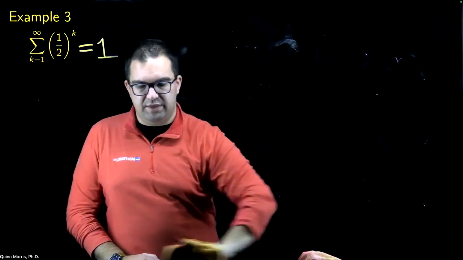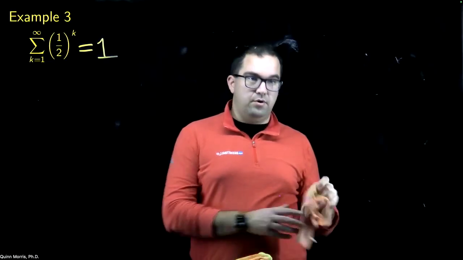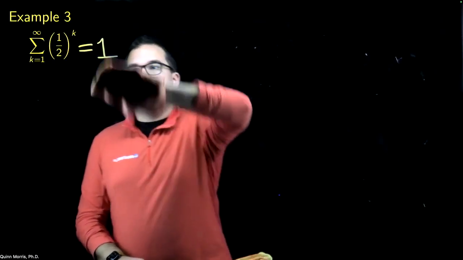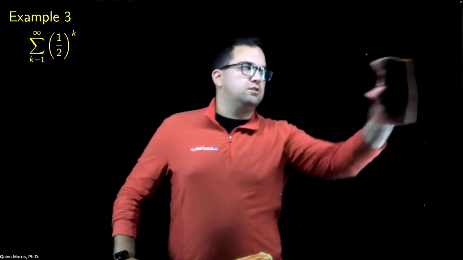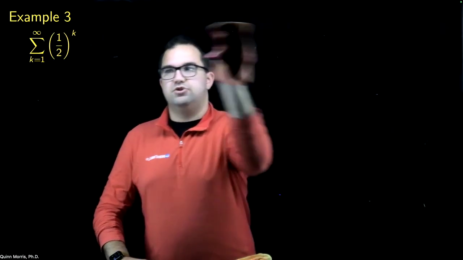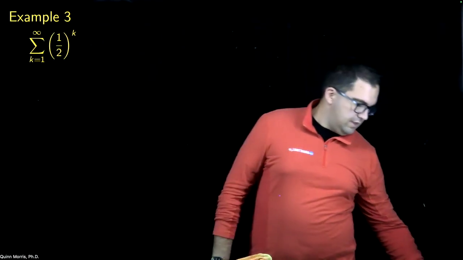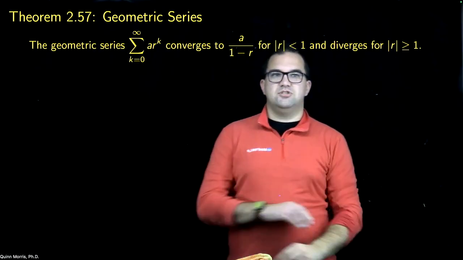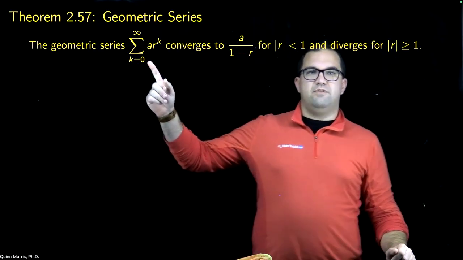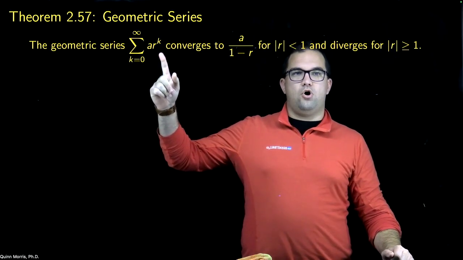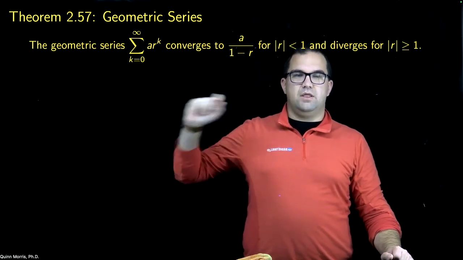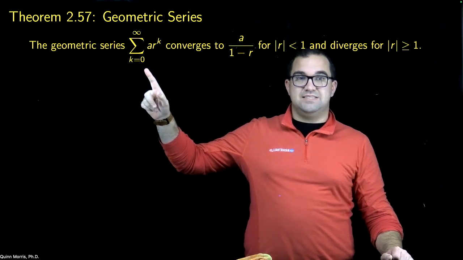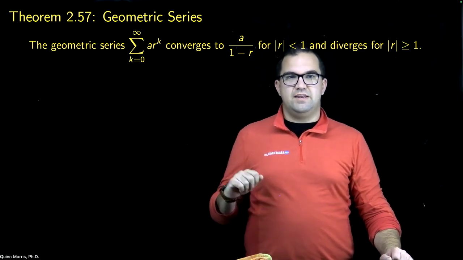So we're not going to do this in the abstract. There's a proof in the book that does this for a general geometric series. But we will briefly just look at the result. This is probably something you also saw in a Calculus 2 course, right? And it simply says that if I have a geometric series of the form a times r to the k, and here, just to make this formula a little bit nicer, we're going to actually assume it starts at 0 and goes up to infinity.